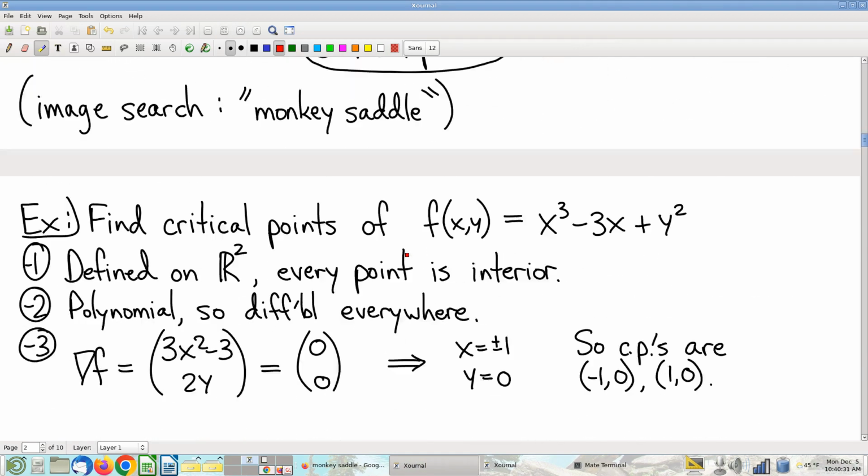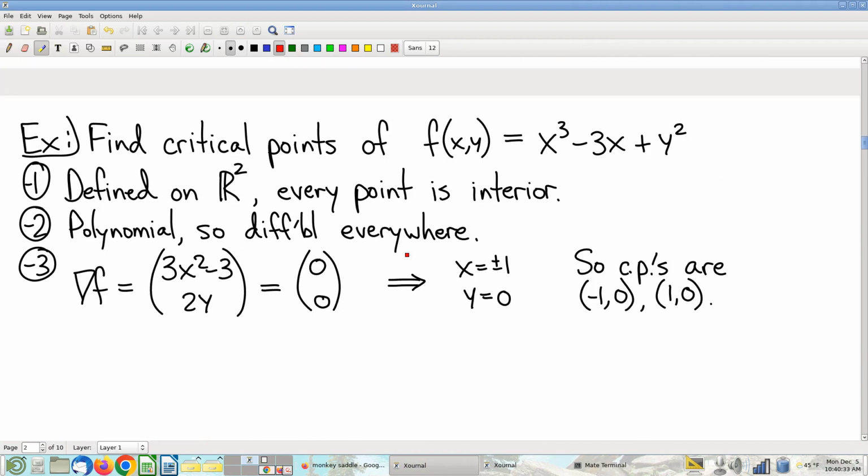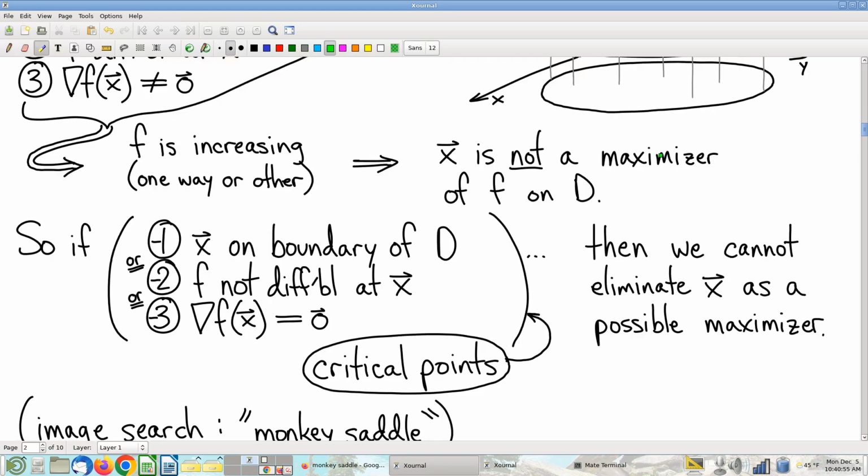Okay. So let's do one. We're going to find the critical points. Now, I emphasize, as of yet, we don't know what to do once we've found critical points, and we're not going to be able to draw any conclusions about these critical points just yet. But anyway, for the moment, let's find the critical points for this function right here. And we're going to go through this process here.